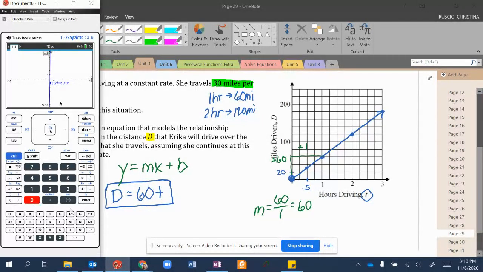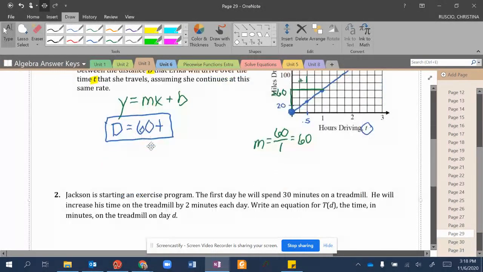So if we wanted to look at it a little better, we can change that to 200. But I'm more interested in looking at the table of values and seeing the point 0, 0, 1, 60, 2, 120, and so on and so forth. So we're looking at the correct equation.